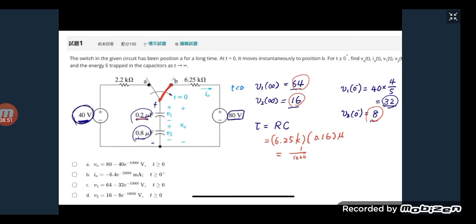Okay, so I think currently we have almost everything. V1 is equal to, as we say, final plus initial minus final. So for V1 it's 64 plus the exponential term.